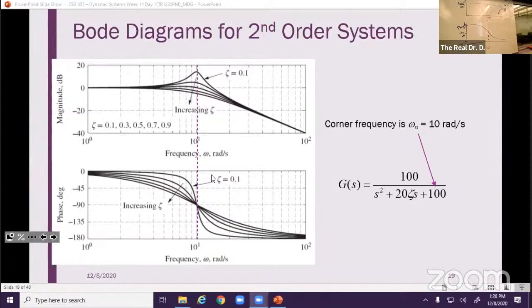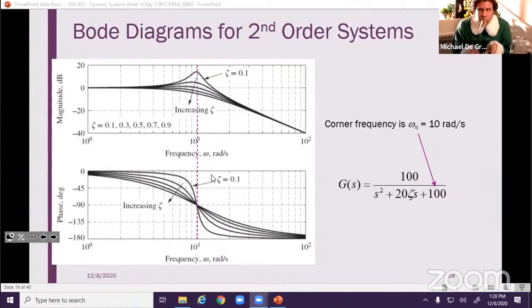Hopefully, this tracks with what you know from when we talked about damping ratios to begin with. If you are underdamped, you're going to have some kind of overshoot, with a nice sinusoidal look to it. If you are overdamped, like zeta greater than 1, you're going to look first order. Turns out it's the same thing for Bode diagrams.